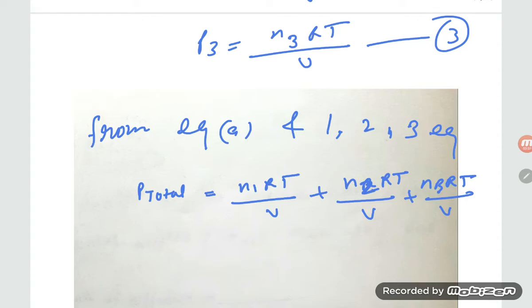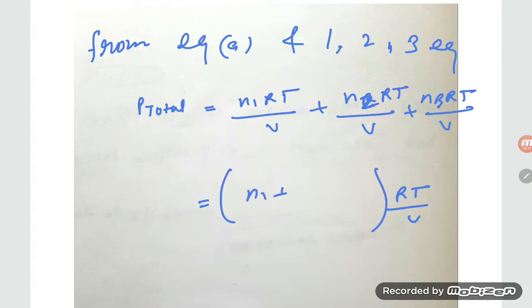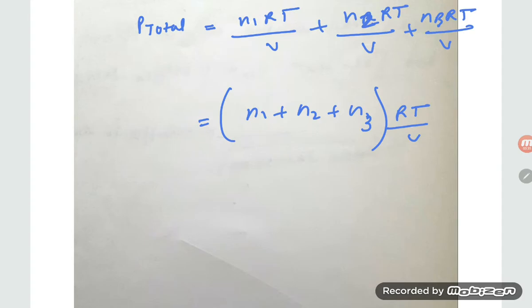So what is the common thing we can get from here? If you see, RT by V is common. What is not common is N1 plus N2 plus N3. So we can write N1 plus N2 plus N3.